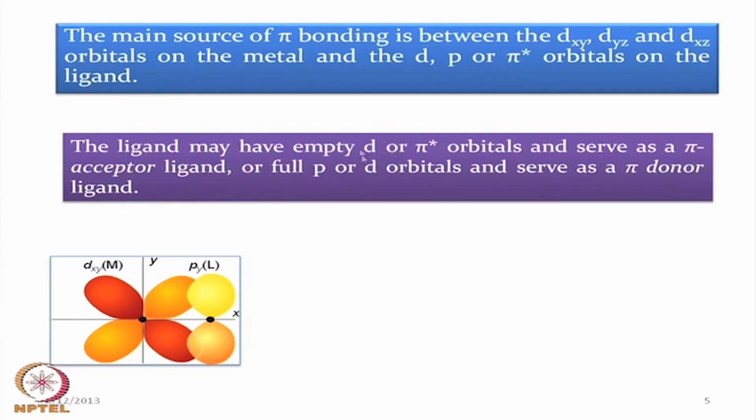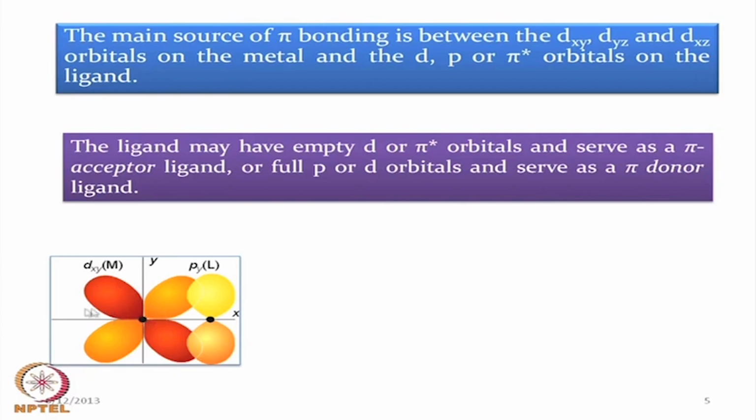But if they are available for some kind of acceptance of the pi type of electron density from the metal side, this is the metal ion and its dxy orbital which is being shown here, with the corresponding x and y Cartesian axes, and the lobes are pointing in between the x and y axes for the dxy orbital.